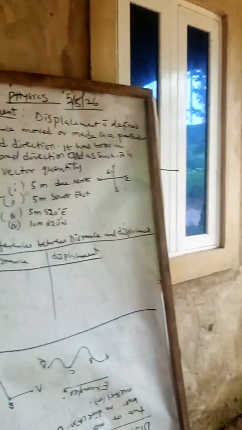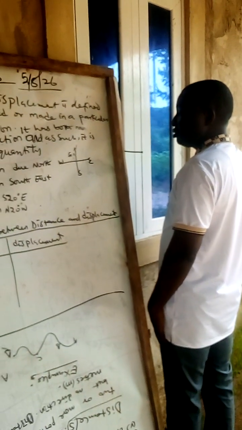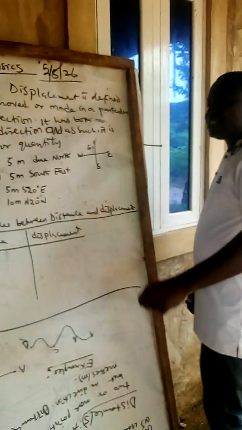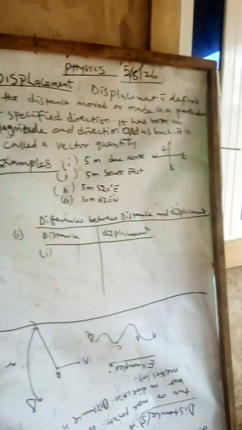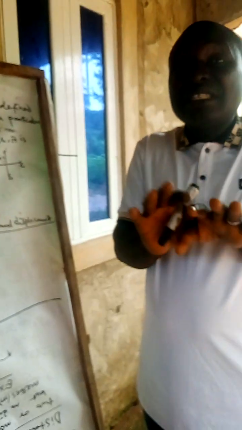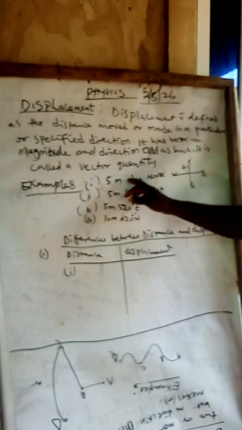For example, if I'm a vehicle or anybody in physics, I can cover 5 meters due north. Now, when I say 5 meters due north, that is my direction. In other words, my direction is defined. Do you understand? You can see on the board, 5 meters due north.